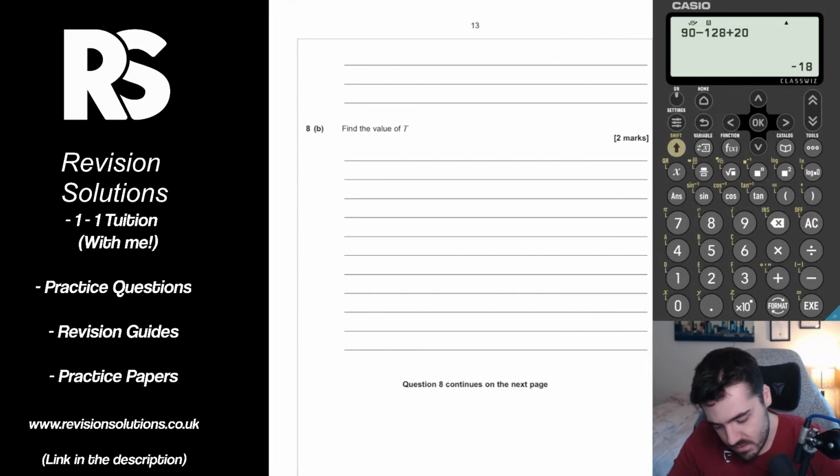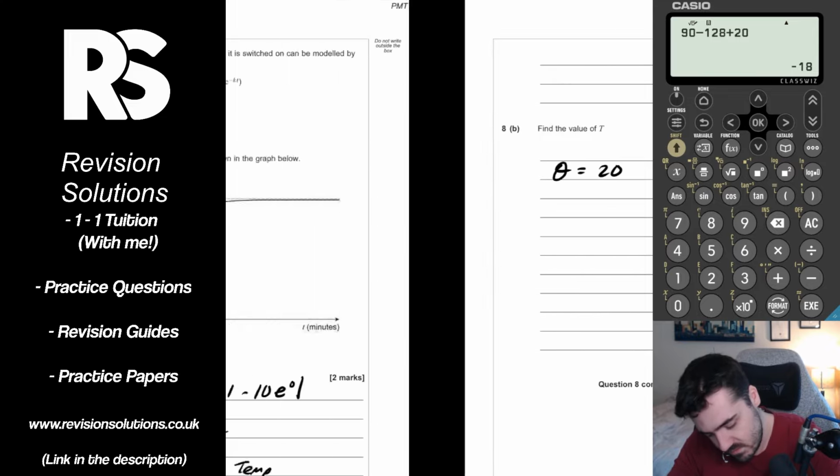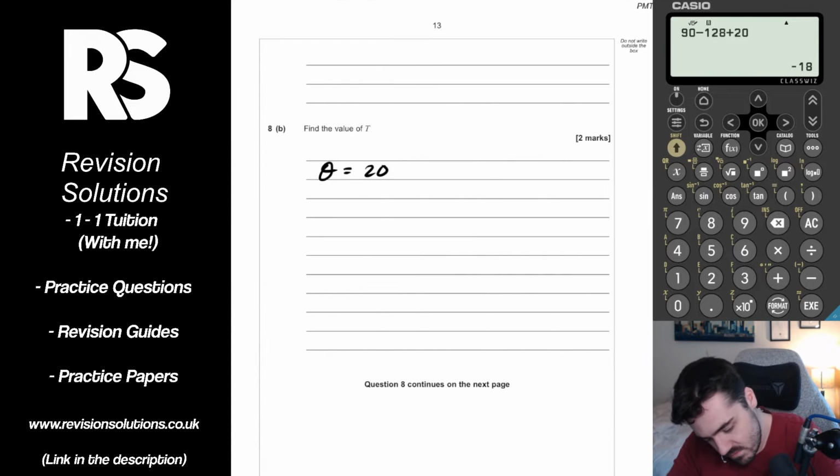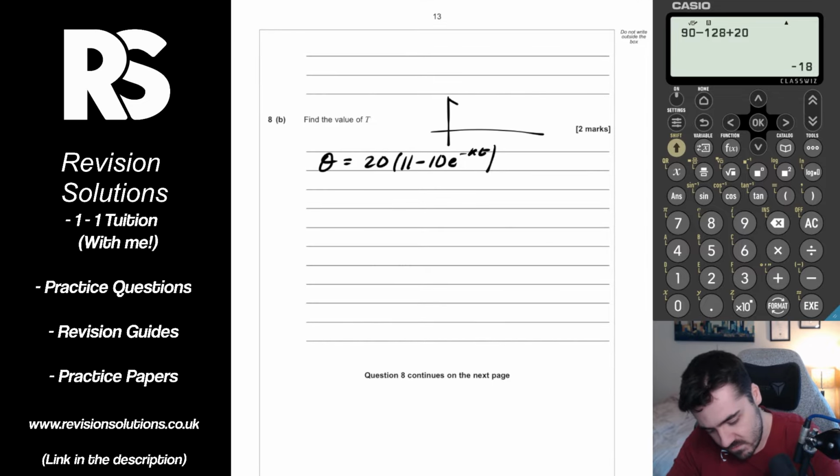So if we think about our equation, let's just write it out quickly. So theta equals 20 times (11 minus 10 e to the minus kt). Well, if we think about an e to the minus kt graph, that looks like this, right, guys?